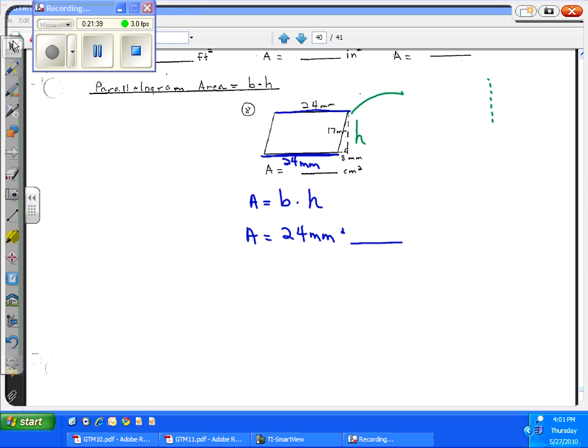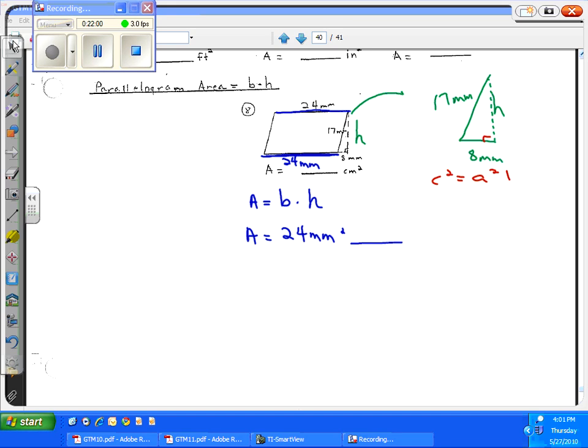If we extract that triangle, we have 17 millimeters, 8 millimeters, and our height. That's 2 out of 3 sides of the right triangle, so we can solve with the Pythagorean theorem, because that was a right angle.